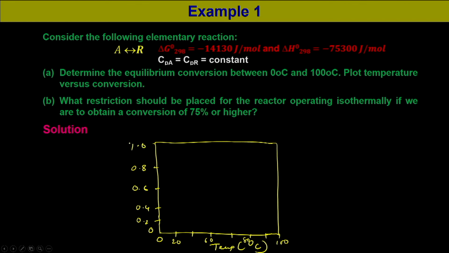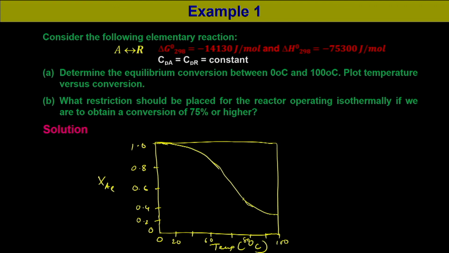So, our conversion starts at a very low temperature, say 5 degree. So, it is close to 1 and conversion starts like this and it goes down like this, say up to 0.4. So, this is the XAE, equilibrium conversion versus temperature plot.